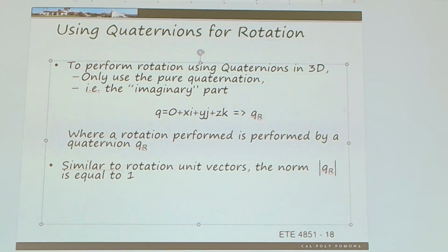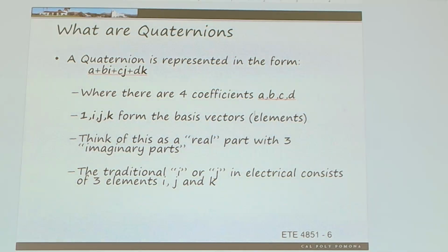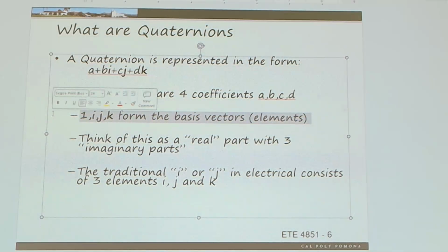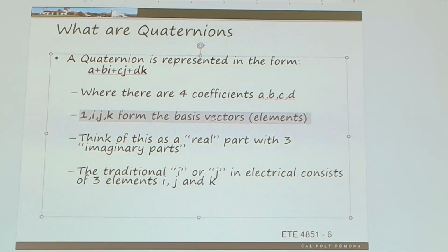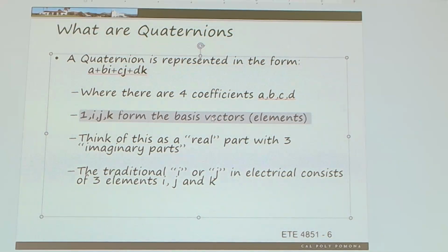So all of a sudden, the math I showed you is really easy, right? Yeah. But the concept is like, wait, what? It's not as straightforward. They form the basis vectors, 1, I, J, K. Not unit vectors I, J, K, but the basis vectors for quaternions. Right, because IJK also has four variables. It's a bad use of values, I agree.